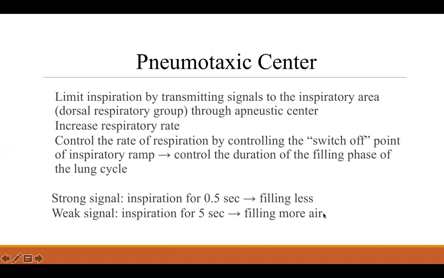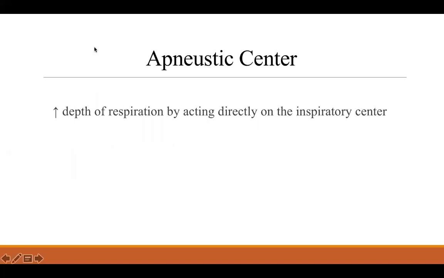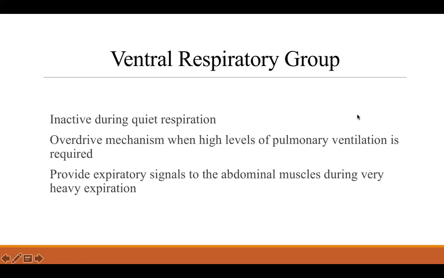So slow breathing here and fast breathing here is what you're looking at, and all of that is determined by the activation of the pneumotaxic center. As I mentioned before, the apneustic center increases depth of respiration by acting on the inspiratory center.